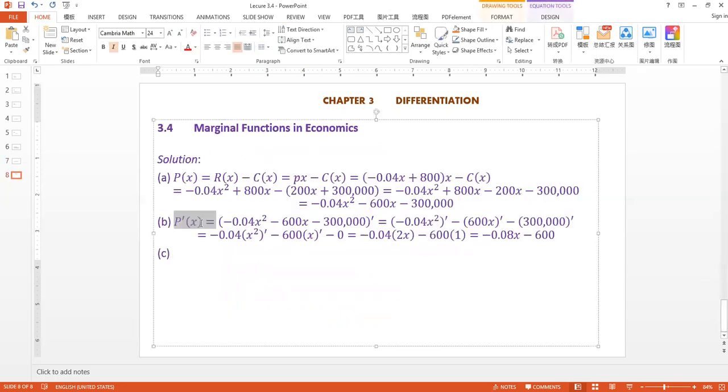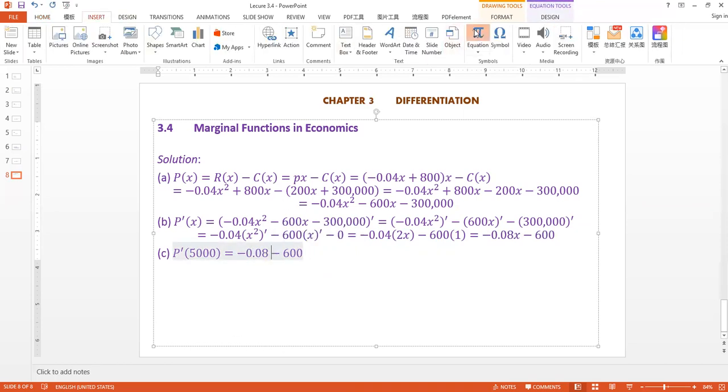So when you find the p prime of 5,000, I believe, just plug in 5,000 for x in this marginal profit function. Okay, so that's -0.08 times 5,000.